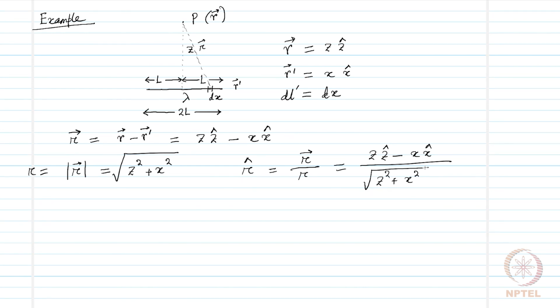So, the electric field for this charge distribution at the point of observation P would be given by 1 over 4 pi epsilon naught. We will have to integrate over dx from minus L to L, assuming at the point where the normal is dropped, the value of x equals 0.